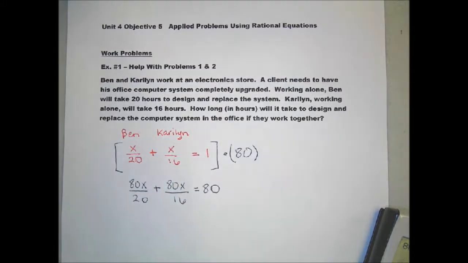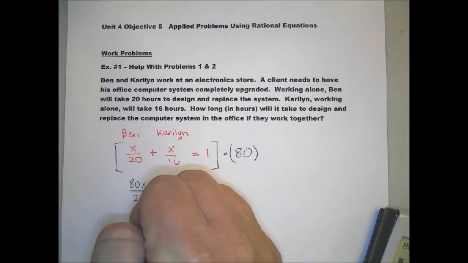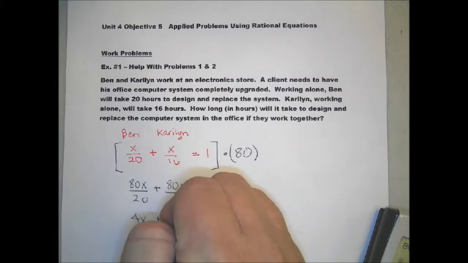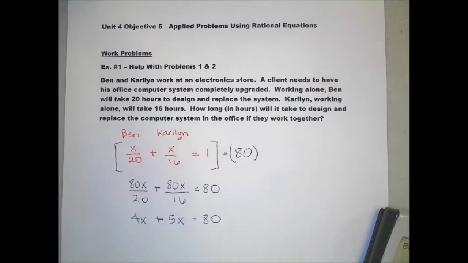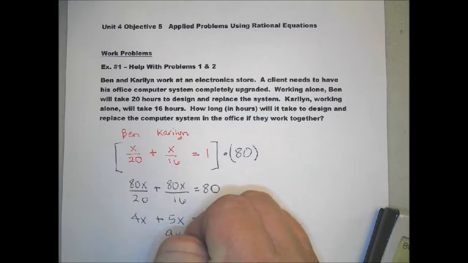Now at this point, I promise you the fractions are going to reduce. So the 80x over 20 is 4x. The 80x over 16 is 5x equals 80. Now, combine like terms, 4x plus 5x is 9x equals 80.